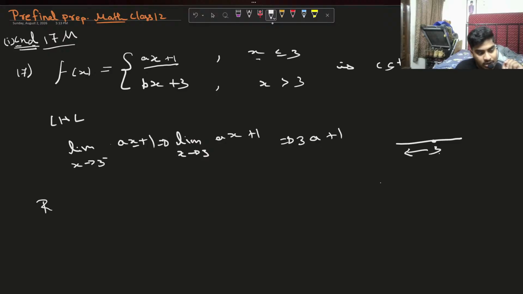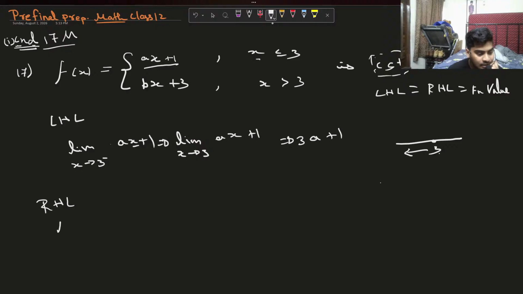Now let me go to RHL. By seeing the statement continuous, I want you to know that LHL should be equal to RHL, which should be equal to the function value.